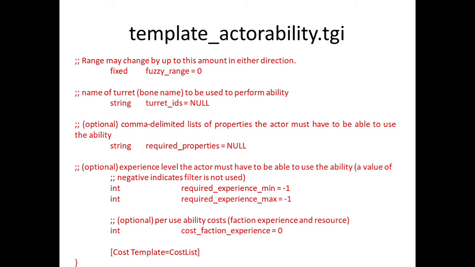So, it takes 150 experience for an infantry regiment to reach the first level of experience, or veterancy, whatever you want to call it. But you do not put down 150 if you wanted to have an ability unlocked at level 1. Required experience min would then be a 1. It wouldn't be 150, it would just be 1, because it's talking about the level itself and not the experience required for that level.